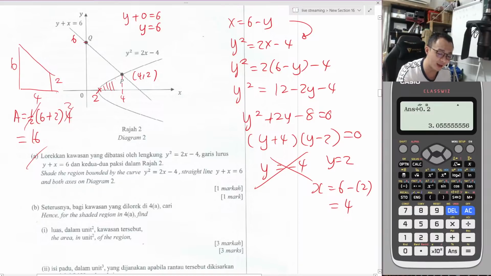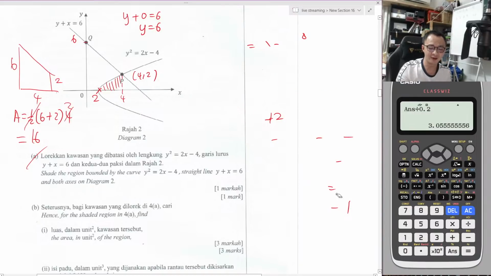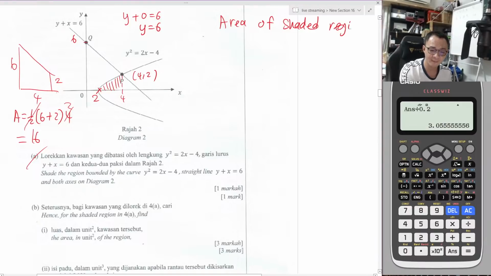Now I want to get the area under the curve. What I need to do is integrate the curve from 2 to 4. I would write the area of the shaded region equals 16, which is the area of the trapezium, minus the integral from 2 to 4.